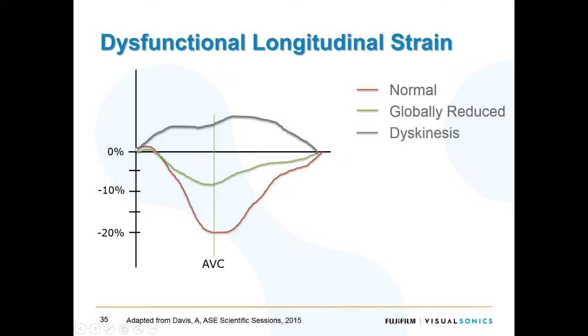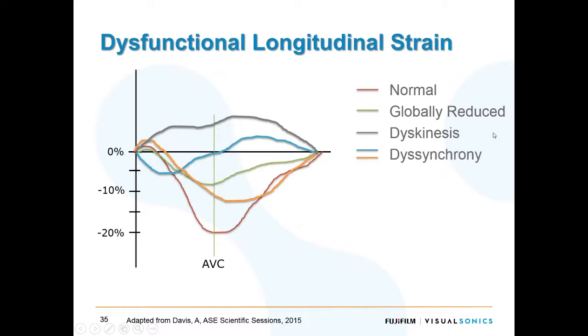You could have a strain value that looks like this, which is completely opposite of what a normal wall should be doing. Instead of shrinking during systole, it's actually expanding during systole. That would be defined as dyskinesis, or abnormal motion of the heart.